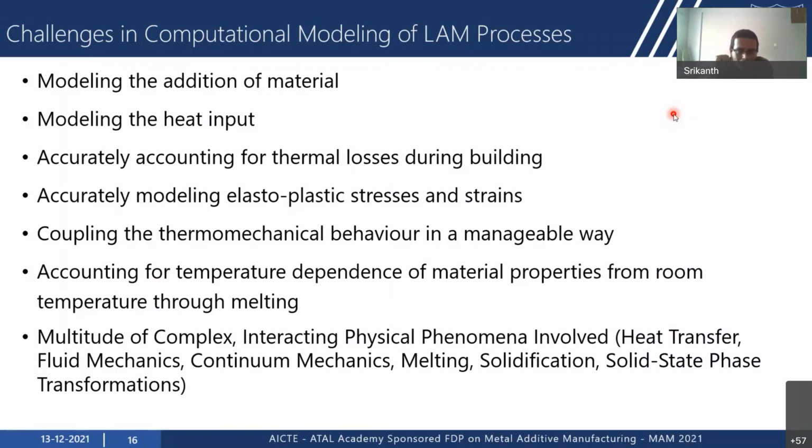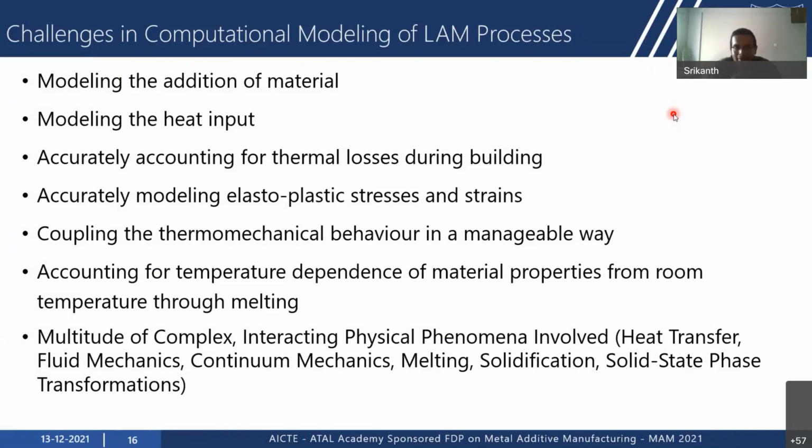The first and foremost challenge is modeling the addition of material, because additive manufacturing is a layer by layer process. You're going to add material line by line and layer by layer. So how do you account for the addition of material in this process? You can think of additive manufacturing as multi-pass welding. So the question is, how do we take into account the addition of material in the AM process?